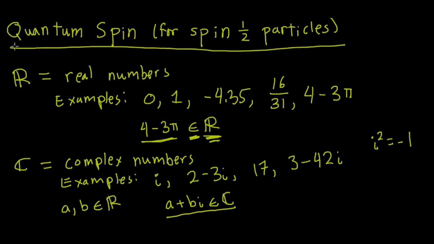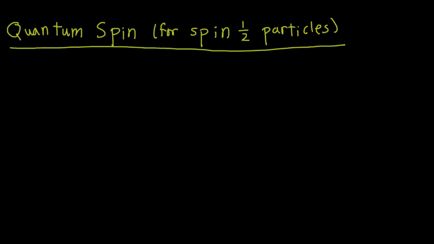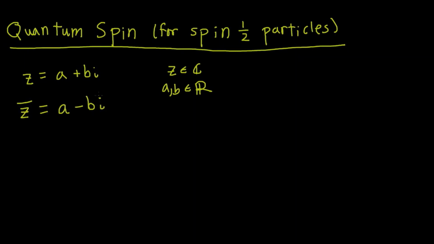Now, let me just clear this a bit. One other thing I must remind you about the complex numbers is that if you have some complex number z, which is a plus bi, where a and b are real numbers, then we define z bar to be a minus bi.